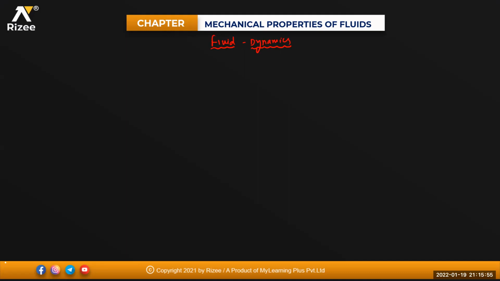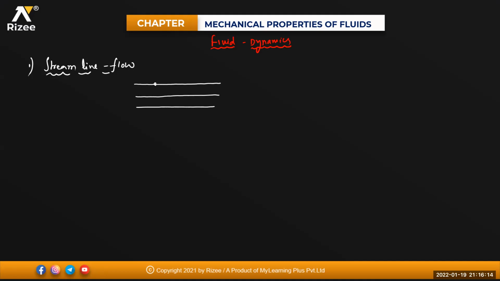What do you mean by streamline flow? Streamline flow is nothing but, for example, if the water is flowing like this, at each and every point the velocity is the same.